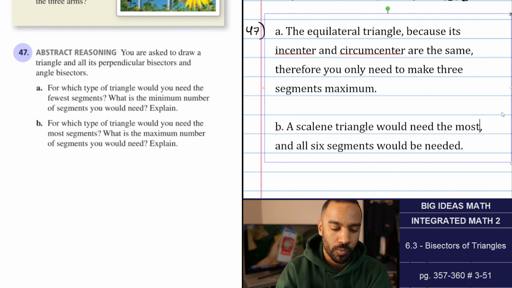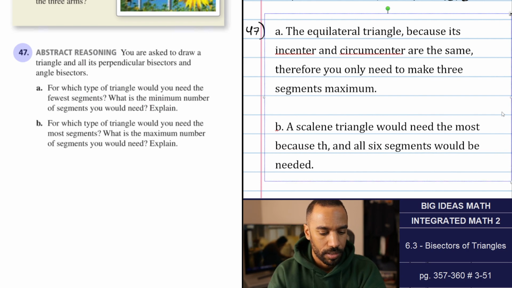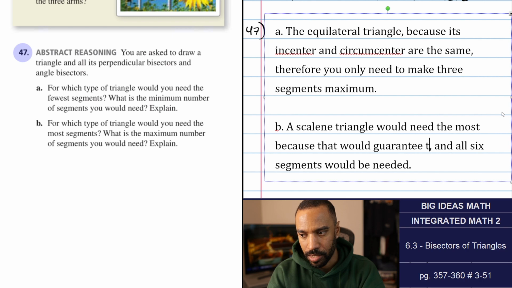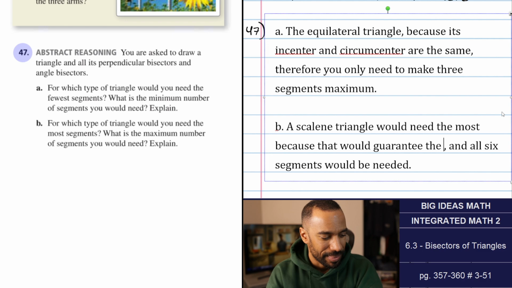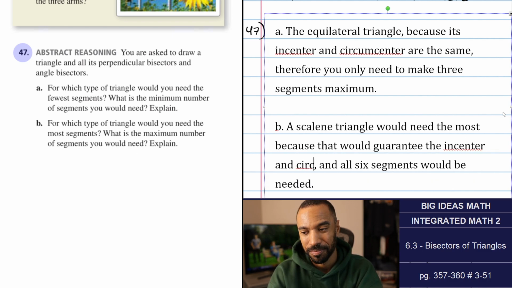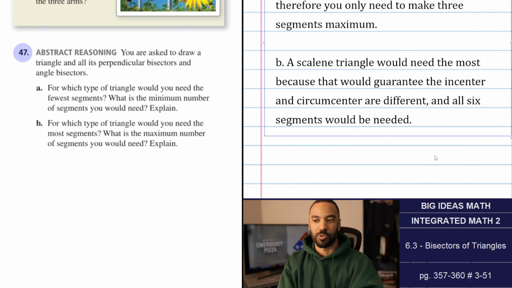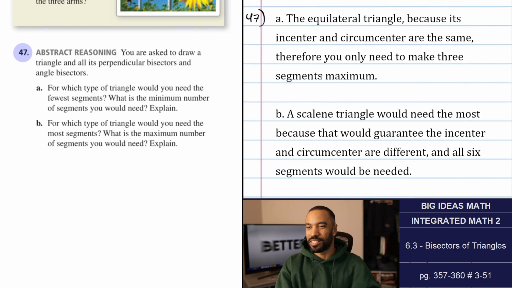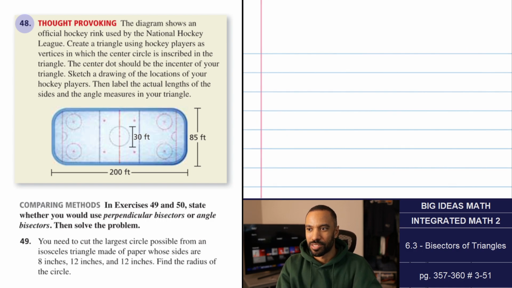Scalene triangle would need the most because that would guarantee the incenter and circumcenter are different. So would an isosceles triangle, I think, and all 6 segments would be needed. I don't know if I'm really saying that right. I don't know what they're asking there, because they're just asking to draw the bisectors. They're not asking to draw the incenters and circumcenters. So, I don't know. It's kind of off.